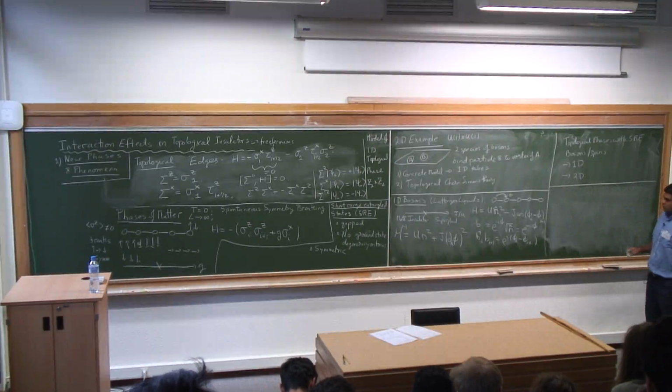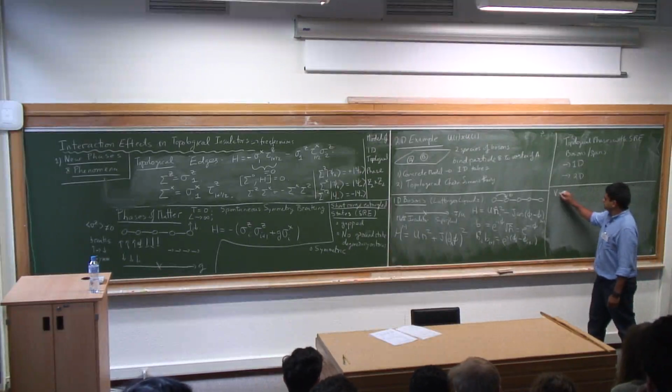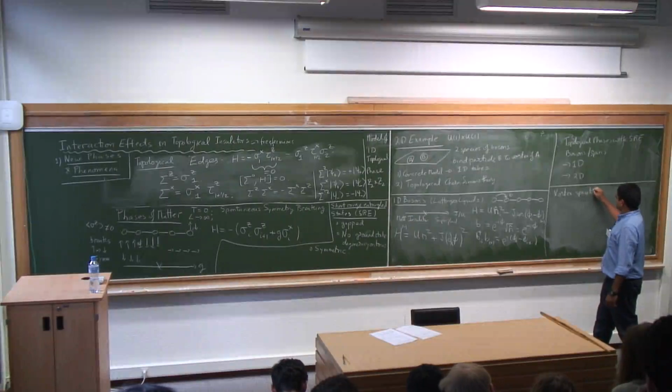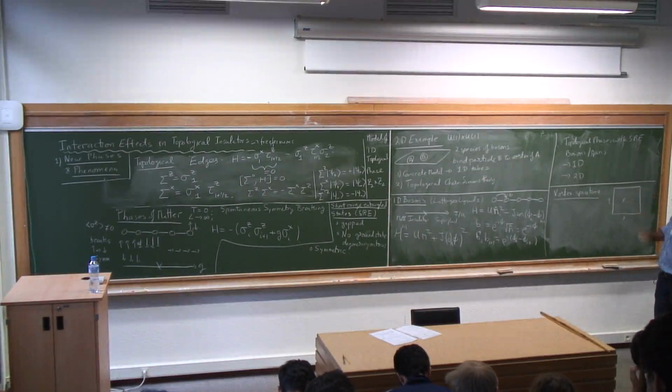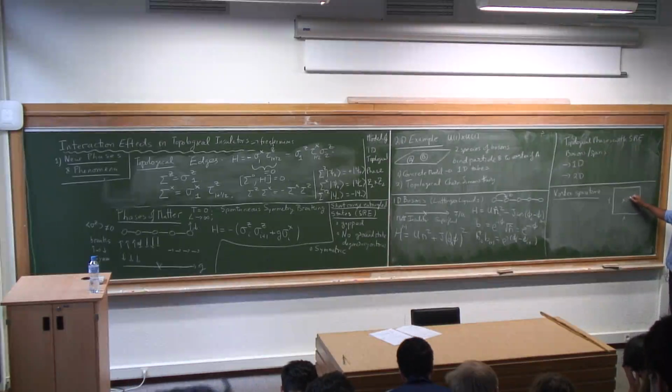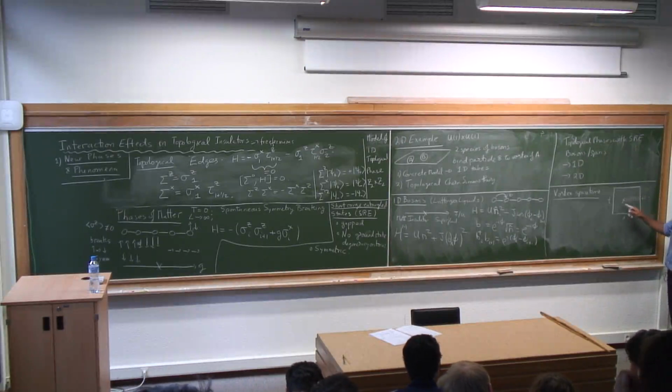So you can ask, what is a vortex? This is a vortex in space-time. You have space x and time. At some particular point, you want the phase of this boson to change by 2 pi. That's a vortex, whereas on this side there's no phase change.